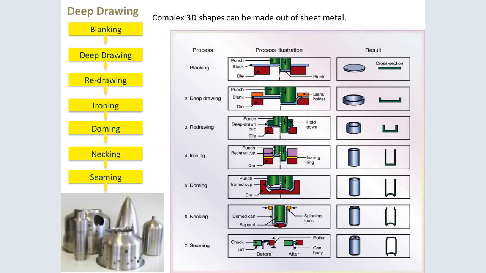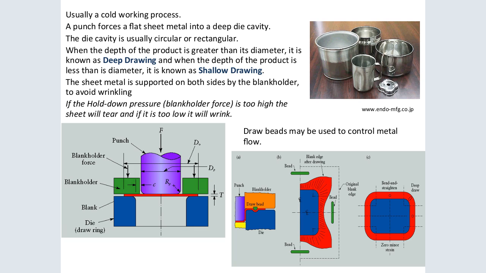And then we have deep drawing, you can see there. And then we have redrawing, then ironing, then doming, and then necking. Necking is almost the final stage, and then the seaming. Seaming is now giving the final output of the product that is needed from the sheet metal work.